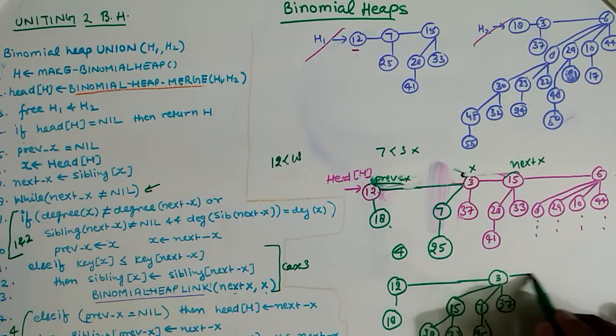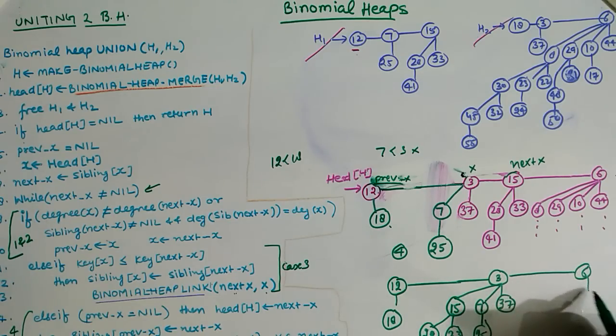Then this sixth node will be added, 44, this is 10, 29 and 8, and all subtrees of this node.